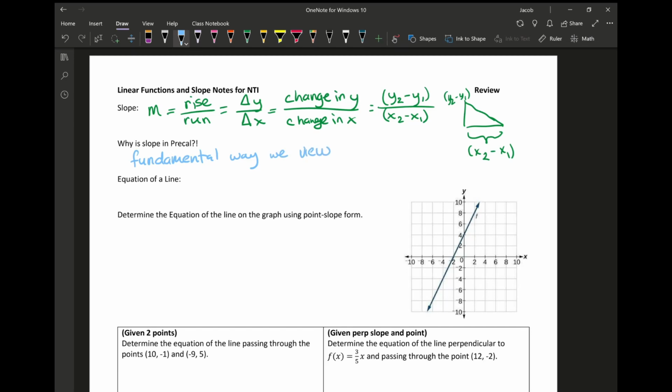It's got to be useful somewhere, right? So in calculus, we actually use slope to measure rates. You might be wondering, rates of what?